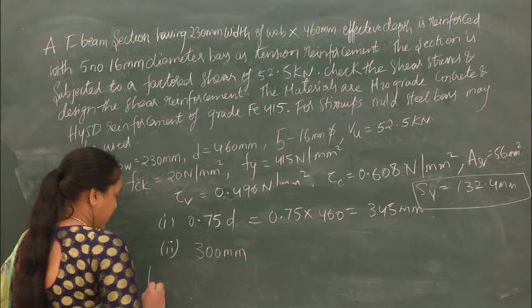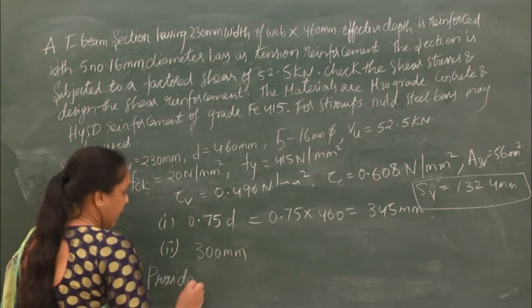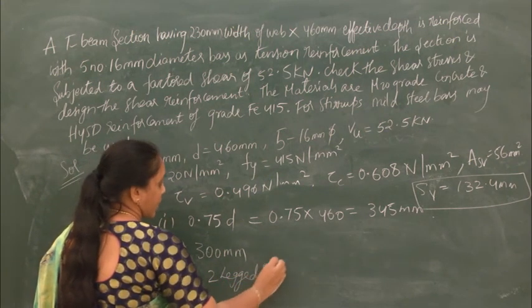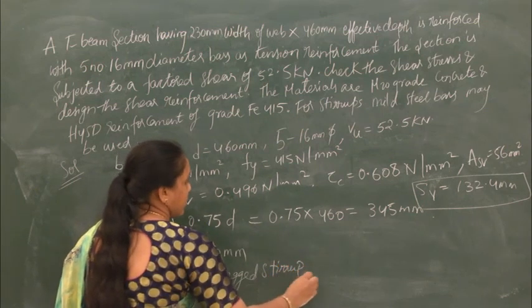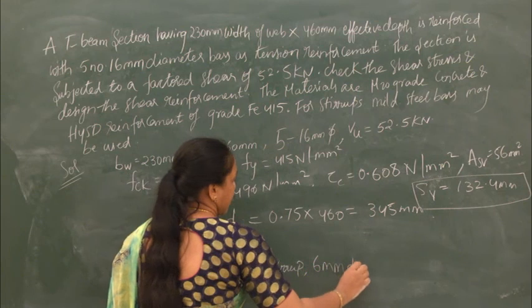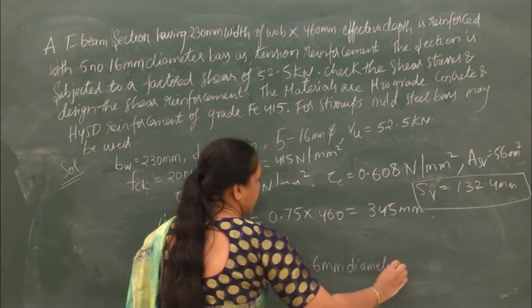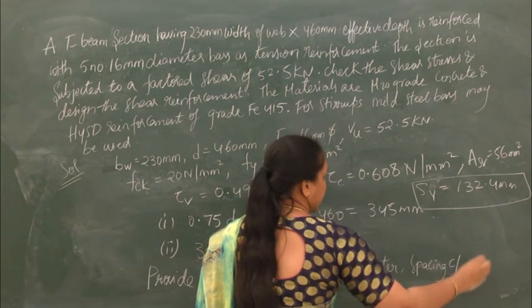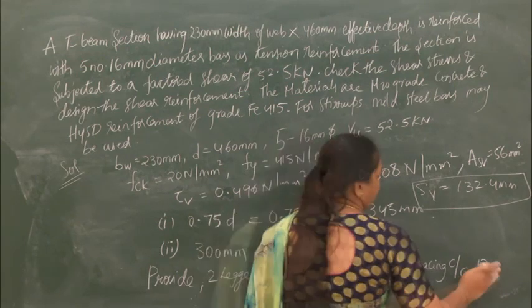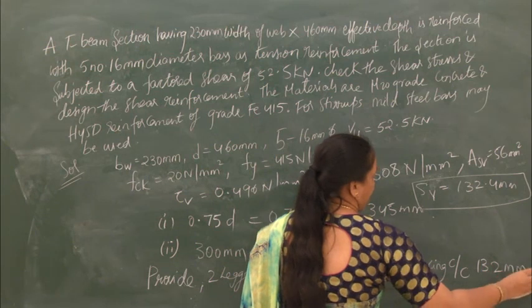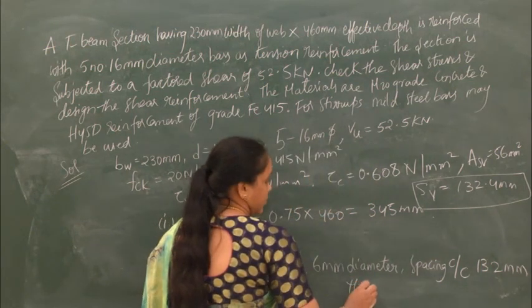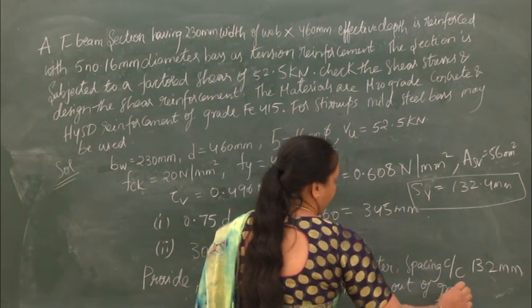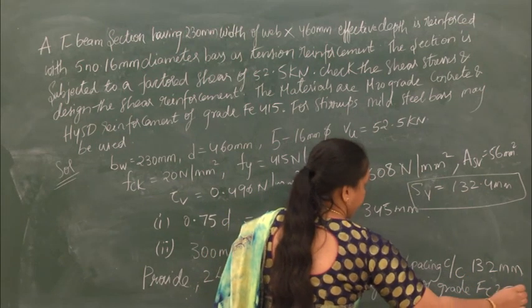So here we have to provide a two-legged stirrup of dia 6 mm, spacing center to center of 132 mm throughout, of grade Fe 250.